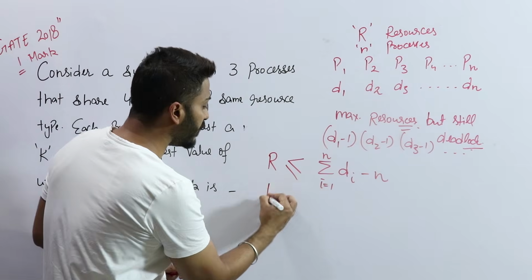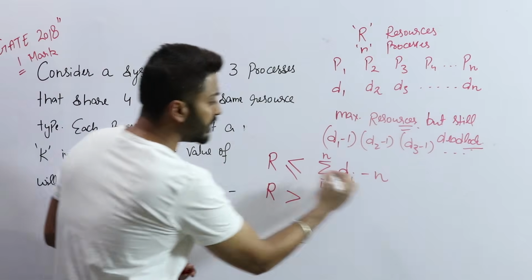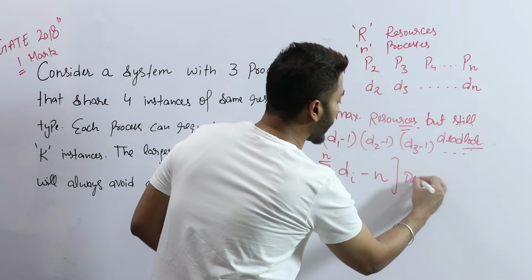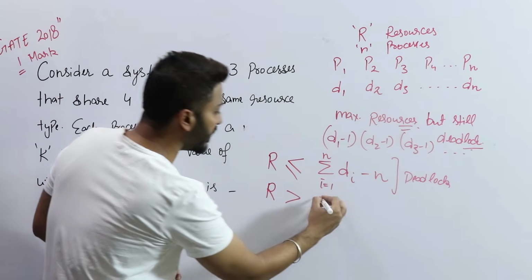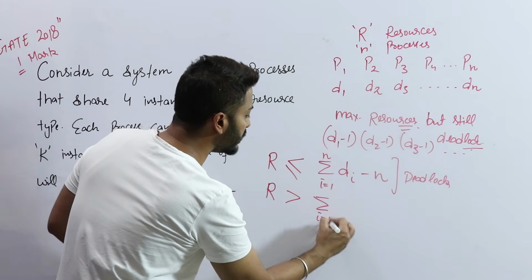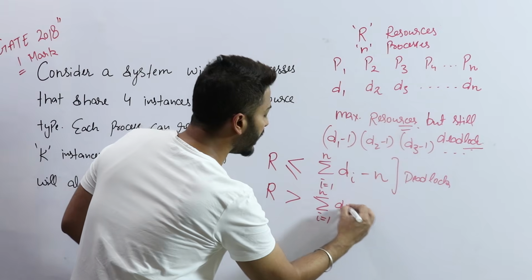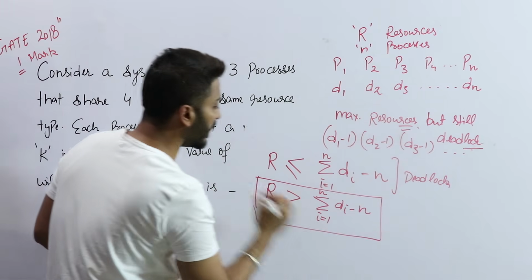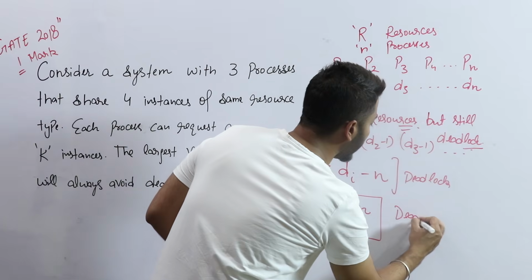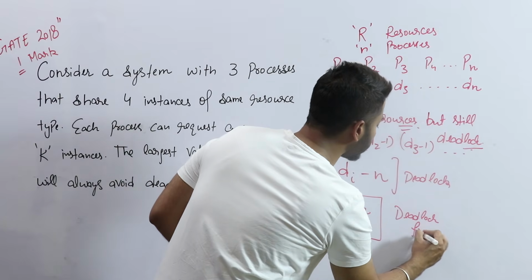If I want to be free from the deadlock, in this case there is still a deadlock. But if R should be greater than the summation of i equal to 1 to n of Di minus n, in this case it will be deadlock free.